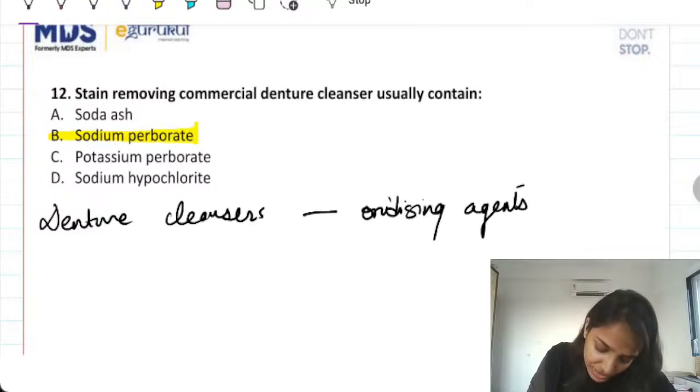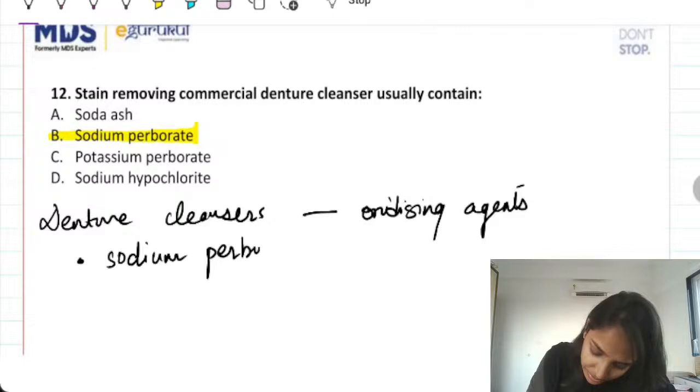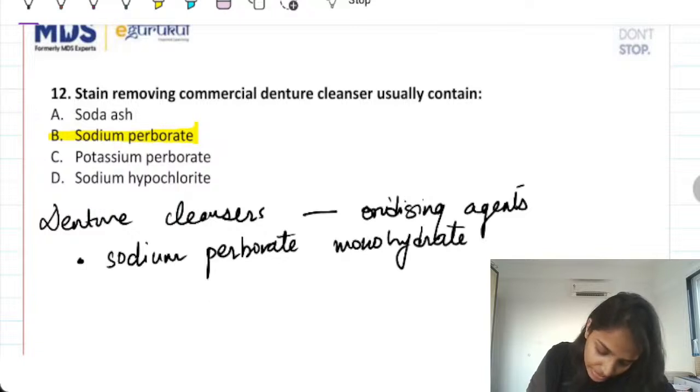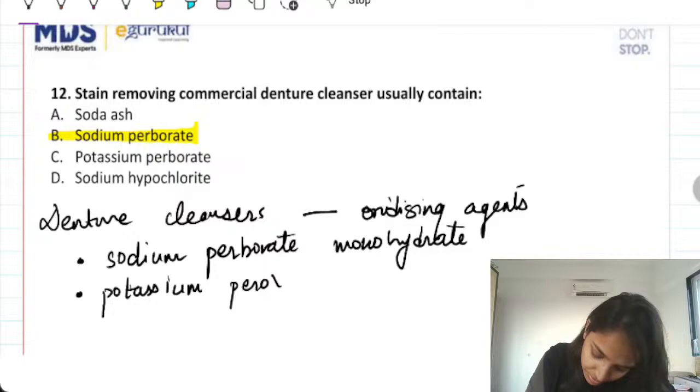And examples of these are, one is your sodium perborate monohydrate, and second of it is potassium peroxymonosulfate. Remember both of the name. These are oxidizing agents.